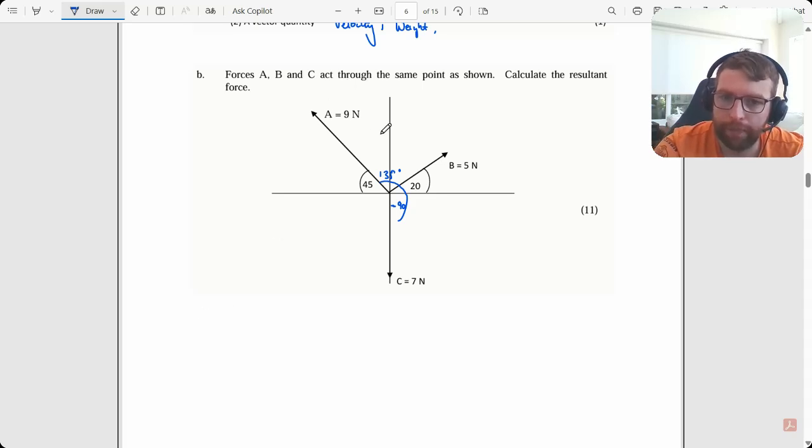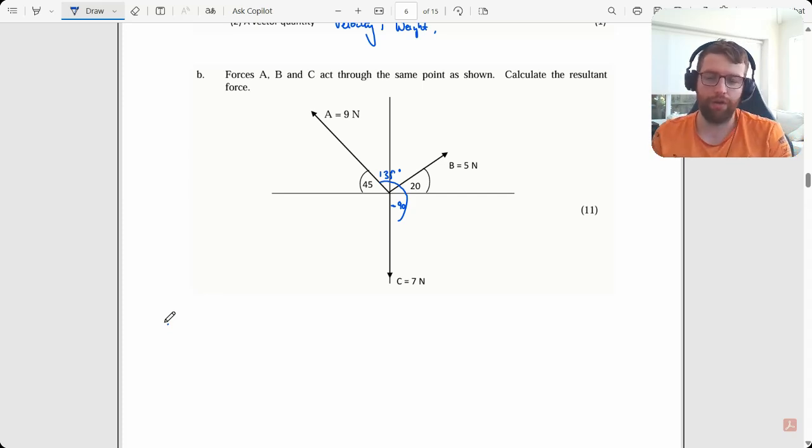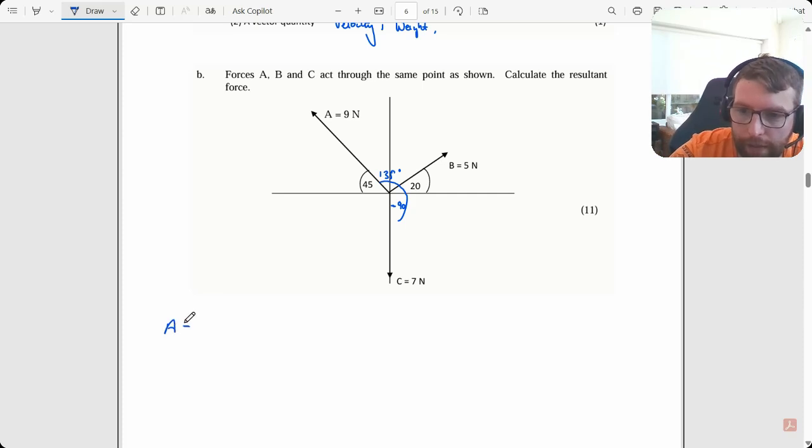So A, B, C, that's nice and easy. Resultant forces are just all the forces added together, and then the force at the end is the result. So we're just going to do A plus B plus C, and that is 9, and the angle is 135 degrees, plus 5, and the angle is 20 degrees, and then finally we've got 7, and it's minus 90 degrees.